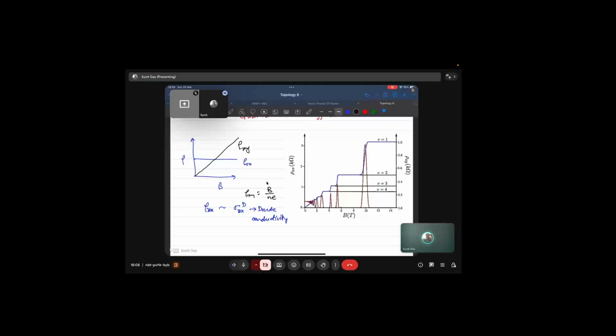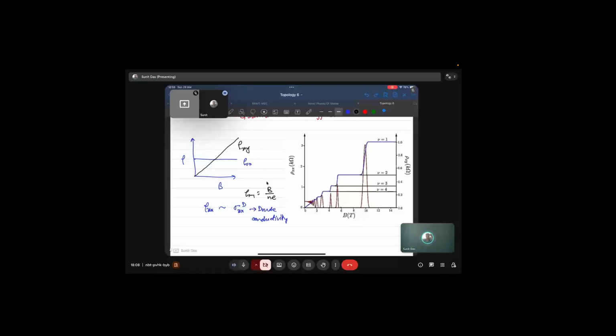B is the applied magnetic field, N is the number density or the electron carrier density in the sample, and e is just the electronic charge. So it varies linearly with the magnetic field, and once you put the magnetic field to be zero, the resistivity is also zero, right? Unlike rho xx, which has a constant value all over, I mean, you apply any magnetic field, it essentially remains constant.